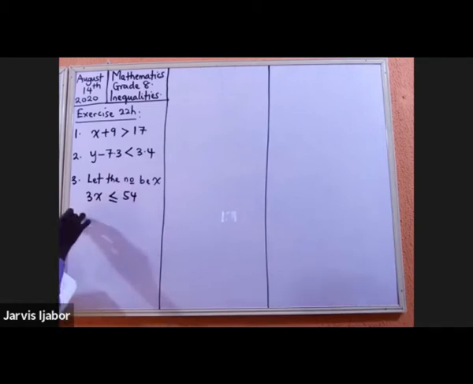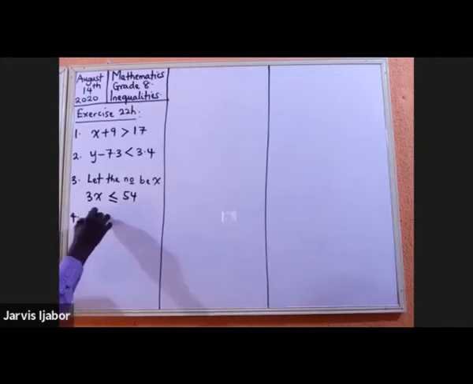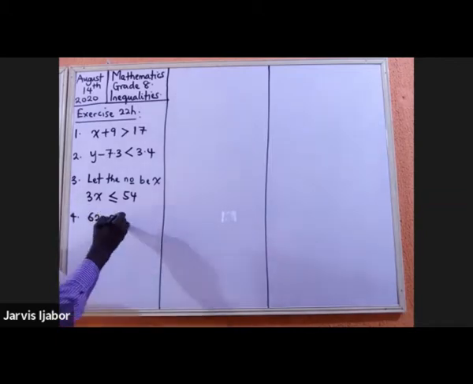Question 4. 5 times a whole number x is subtracted from 62. So 62 first, minus 5x. The result is less than 40.